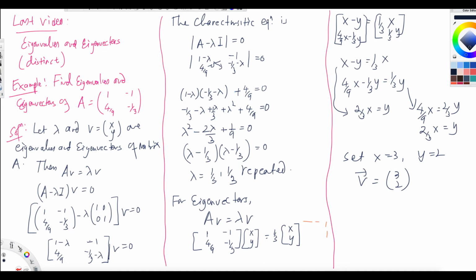But the previous example had 2 eigenvectors. What do you mean by linearly independent and linearly dependent though? Two vectors are linearly independent if one cannot be written as a multiple of the other, but linearly dependent means one can be written as a multiple of the other.